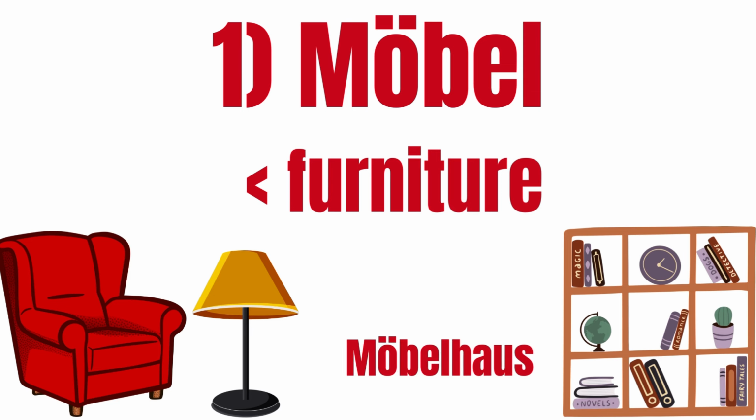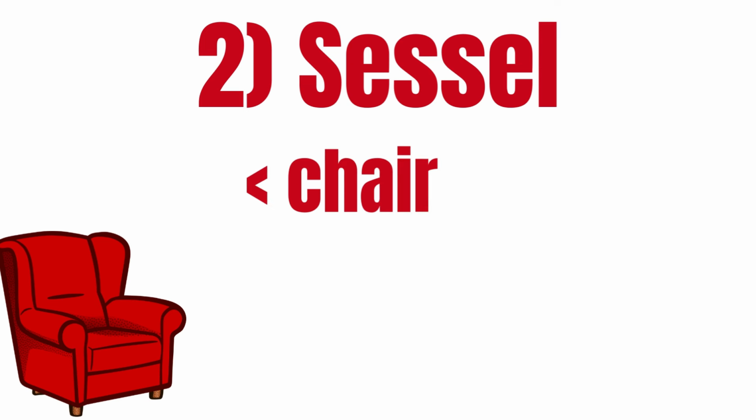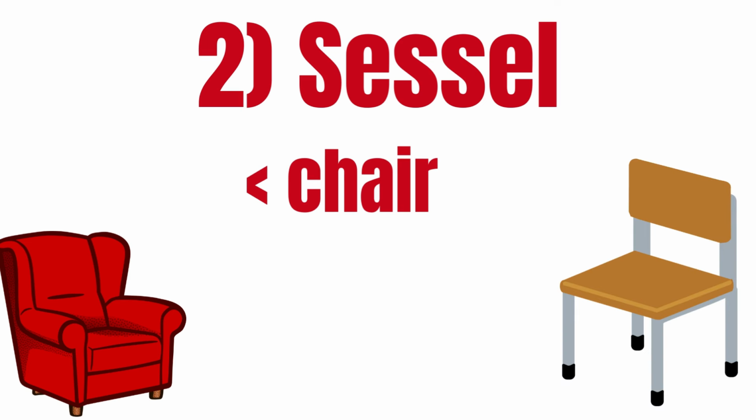The first piece of furniture we're going to take a look at is Sessel. Do you have any idea what Sessel could mean in English? Sessel means chair in Austria. Sessel covers most types of chairs, whereas in Germany the word Stuhl is more common.